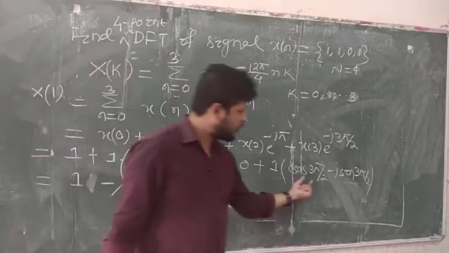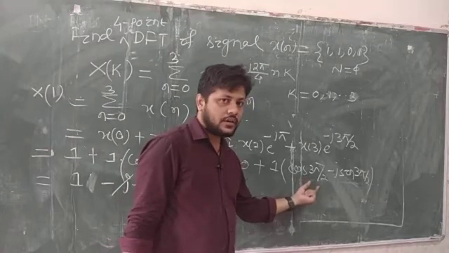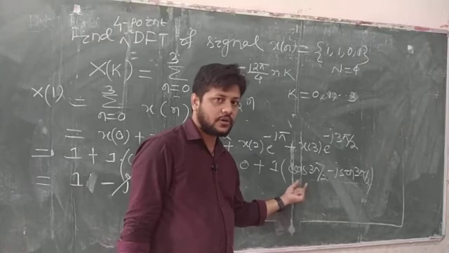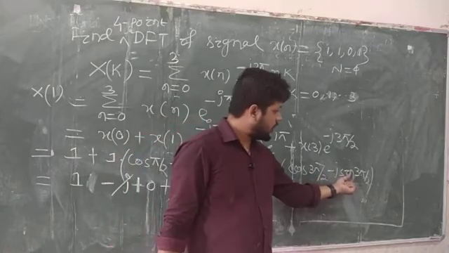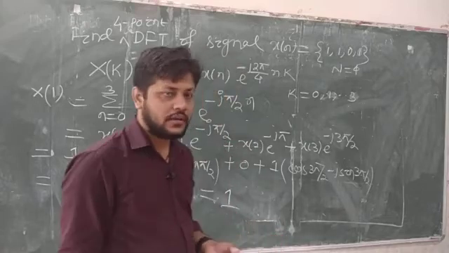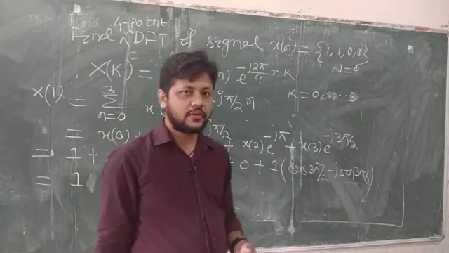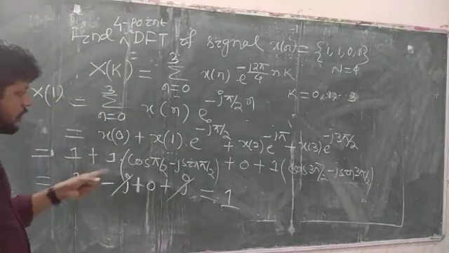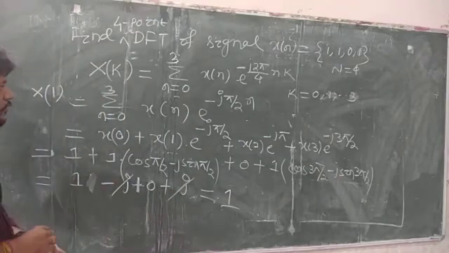Cos 3 pi by 2 value is always going to be 0, because an odd multiple of pi by 2 always gives 0 in case of cos. Sin pi by 2 is 1 and sin 3 pi by 2 value is minus 1. So minus minus plus j, so plus j here and minus j cancel out, and the answer will be 1.